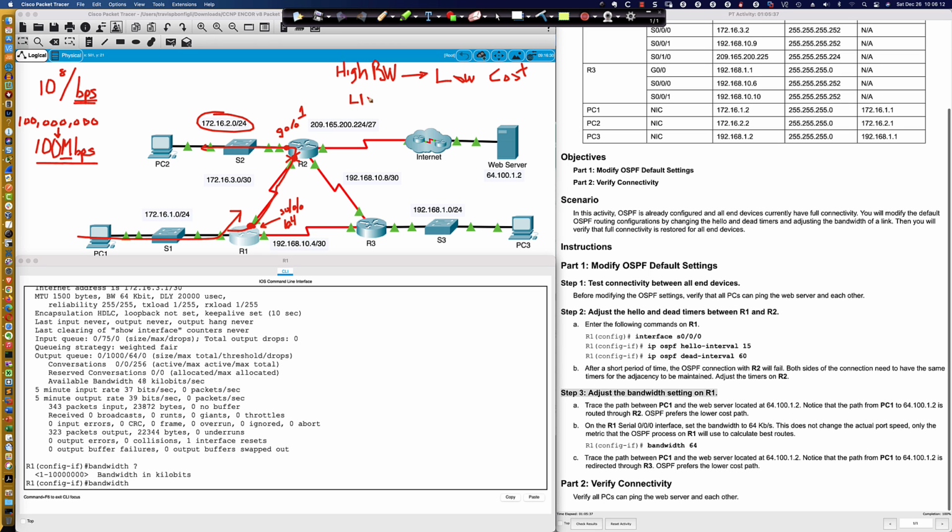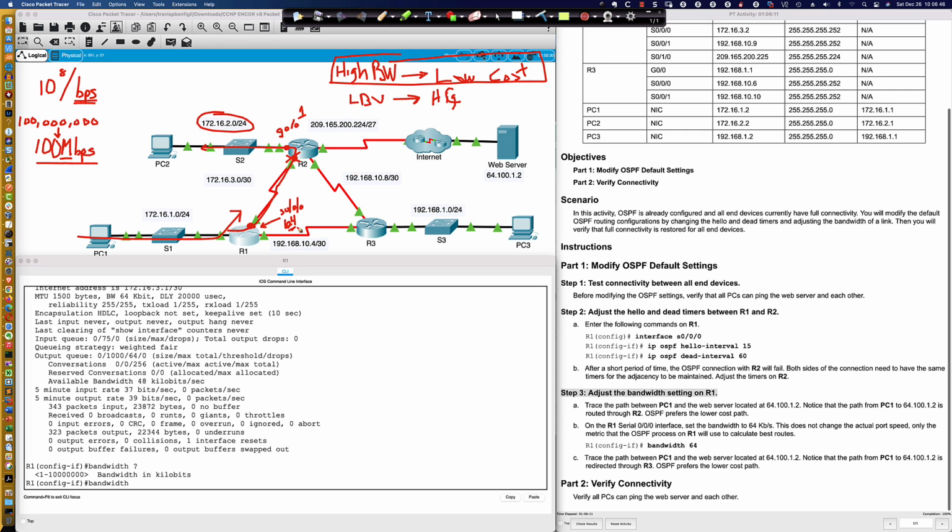The lower the bandwidth, like we just saw and we're going to see shortly, the higher the cost. And from OSPF's perspective, a higher cost is bad. When I'm picking between two links, I want the lower cost, because the lower cost link implies higher bandwidth. It's an inverse relationship.